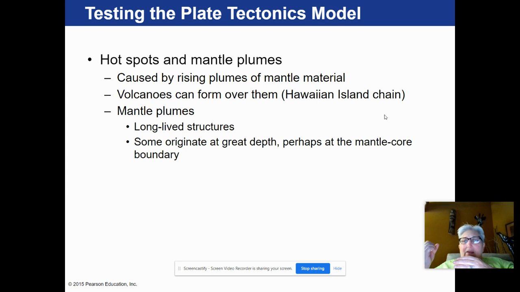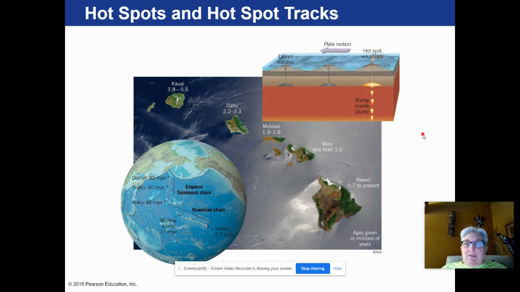Now, the hotspot for that volcano stays in one place. So we have an eruption, we have movement, and we have another eruption and movement. So now we've got two islands, and the islands keep drifting. The one that is furthest away from the hotspot is going to be the oldest island, and the one that is still over the hotspot is the newest of the islands.